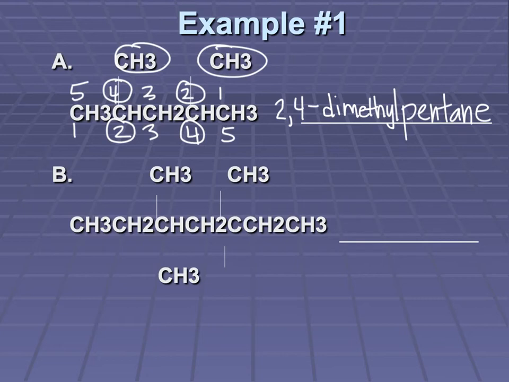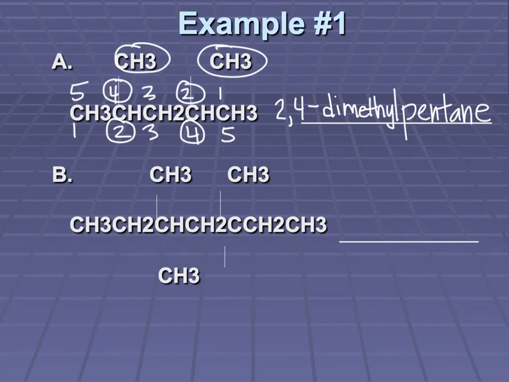We can also go this way, 1, 2, 3, 4, 5. 1, 2, 3, 4, 5, 6. 1, 2, 3, 4, 5. 1, 2, 3, 4. So it seems like 7 is the longest one. 1, 2, 3, 4, 5, 6, 7.